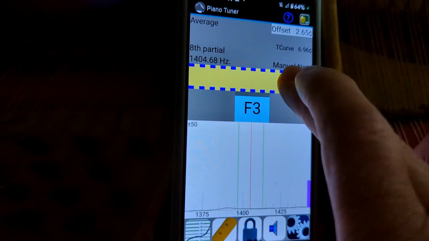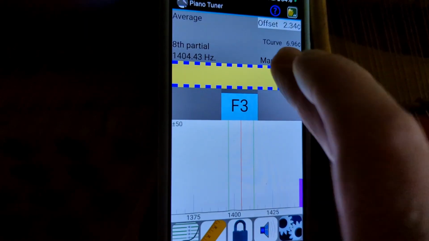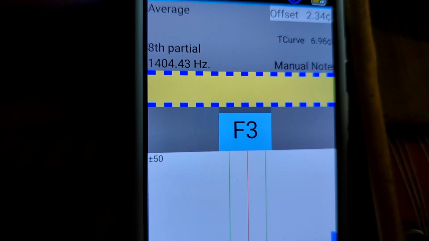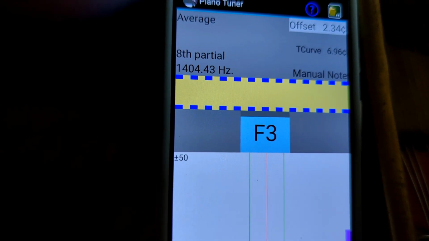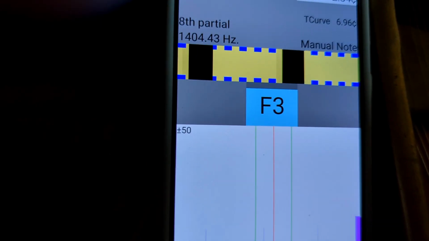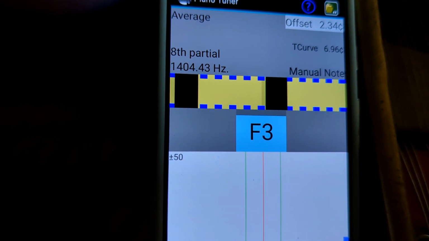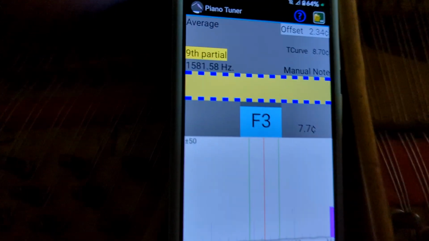A little more. Touch more. Okay, that's good enough. Reading about 2.2 cents, 1.8, 2.2, somewhere in that range. Let's go up one more.